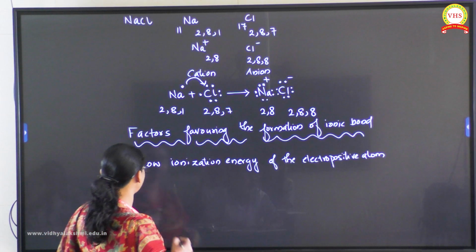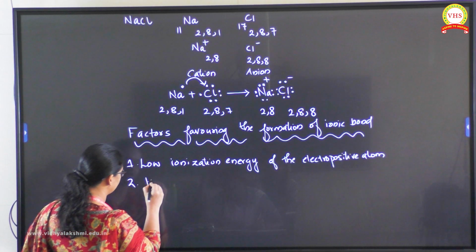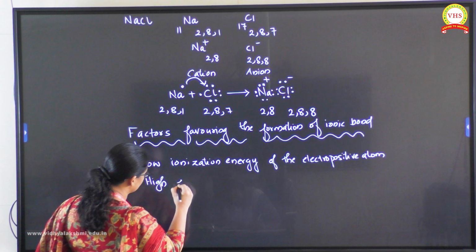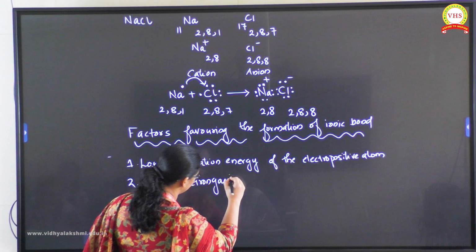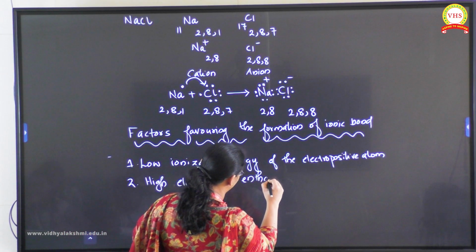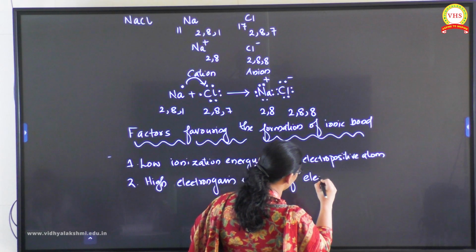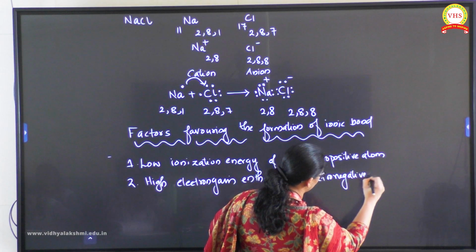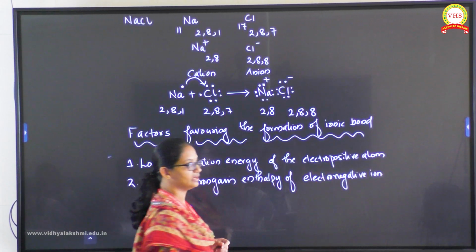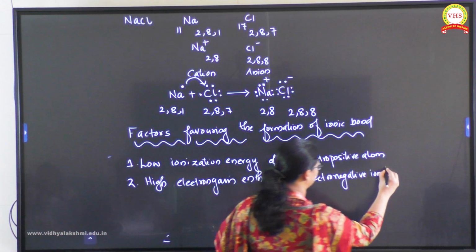So what is the second factor favoring the ionic bond formation? High electron gain enthalpy of the electronegative atom.